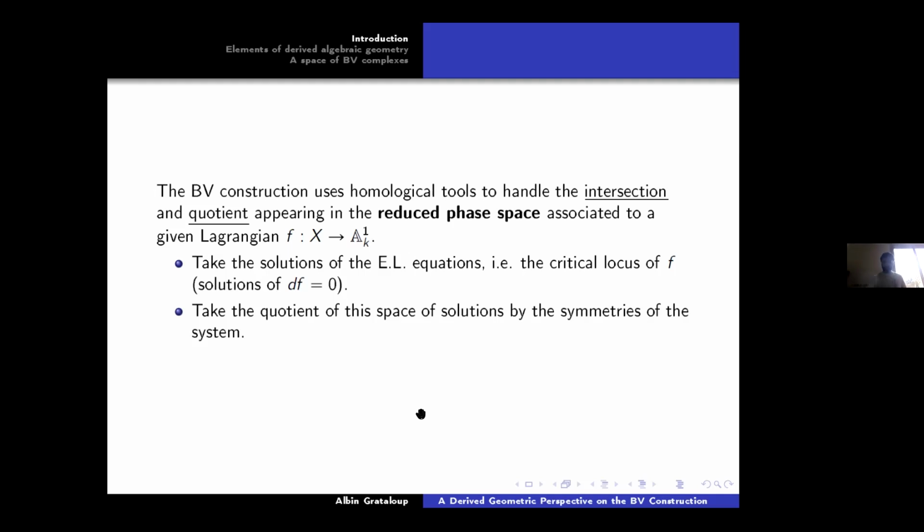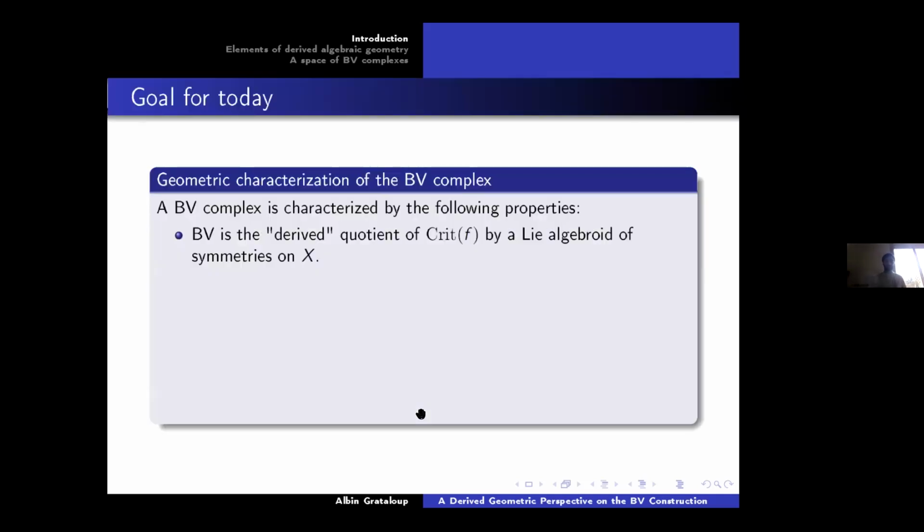What I want to explain today is that this can be understood through two characterizations.